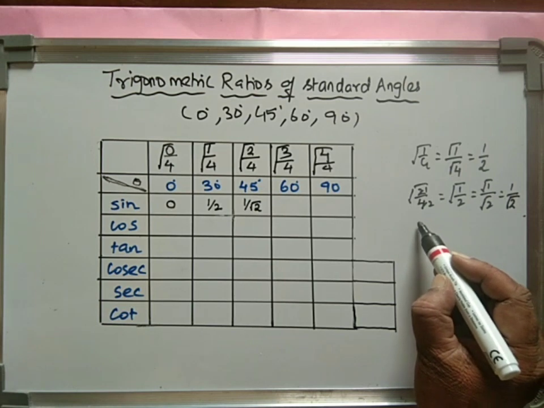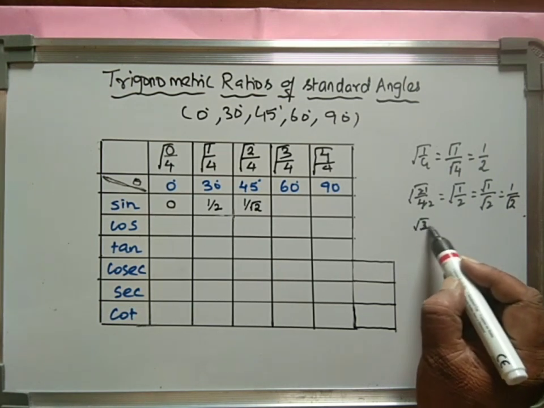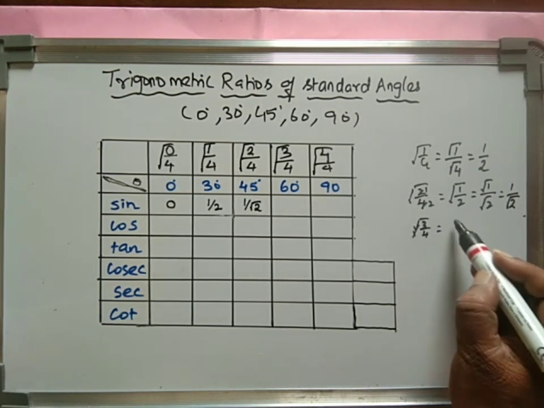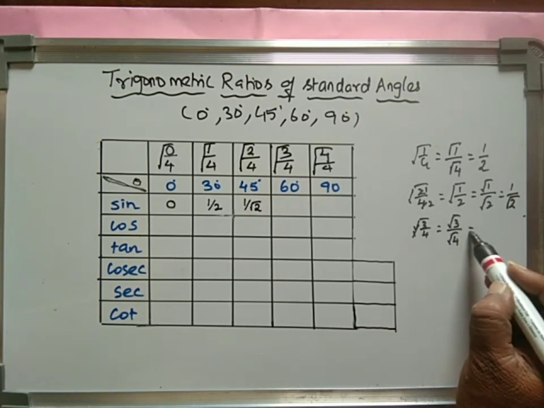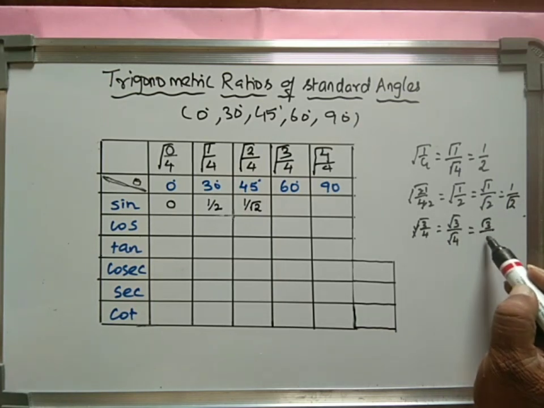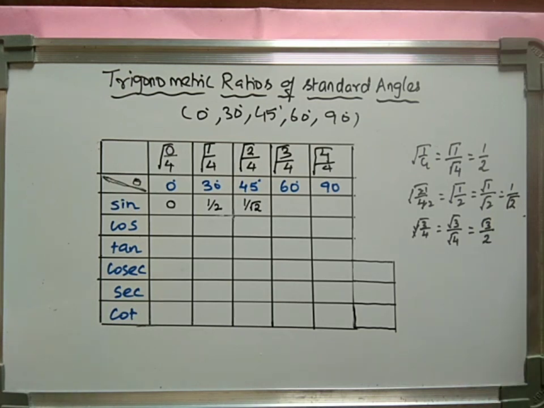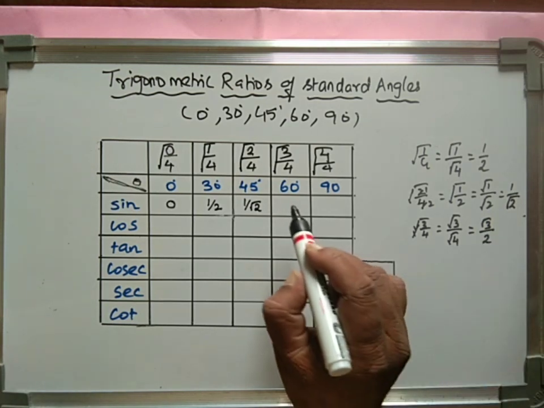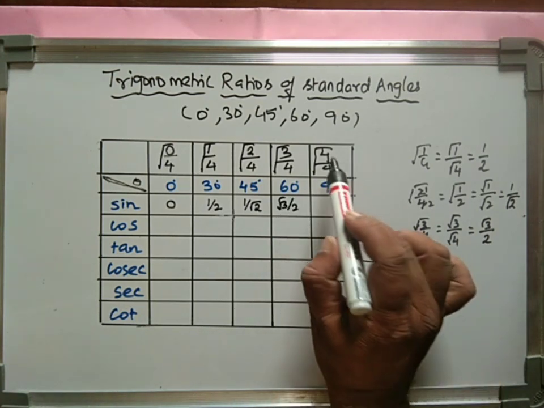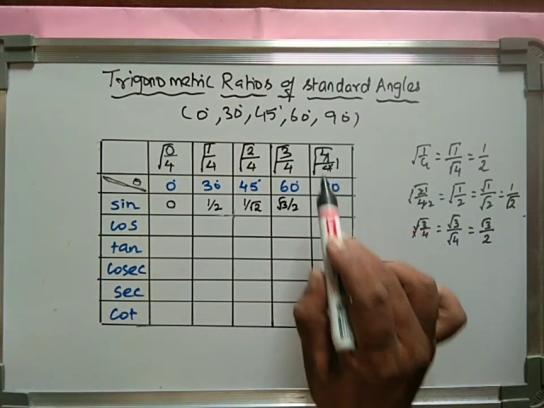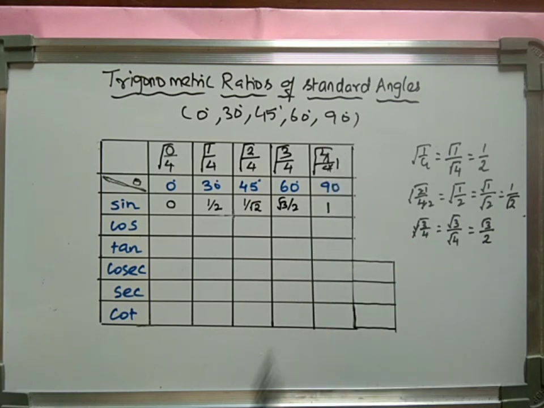And the next one, root of 3 by 4 gives you root 3 by root 4, that is root 3 by 2. So sine 60 degree is root 3 by 2. And now you see 4 by 4 goes for 1 time and root of 1 is 1. So these are the values of sine.